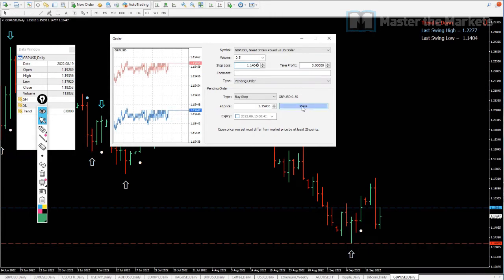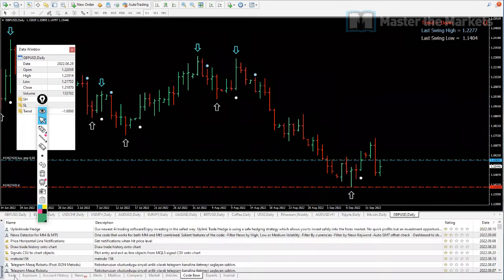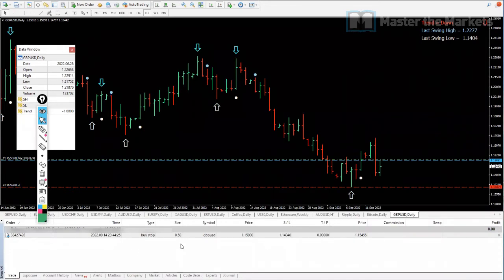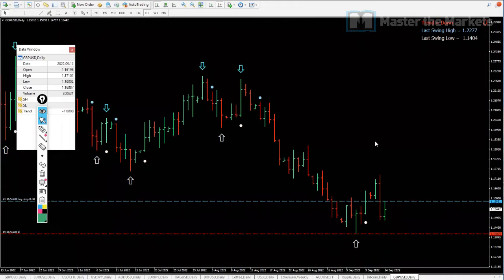So that's what we're doing over here. Let me place that trade. And did I do it at 0.5 as well? Let me just quickly check that. Yes, I did that at 0.5. Just check, make sure that the position size is done correctly. We've done that at half our normal position size, because of the weekly being the first interruption.